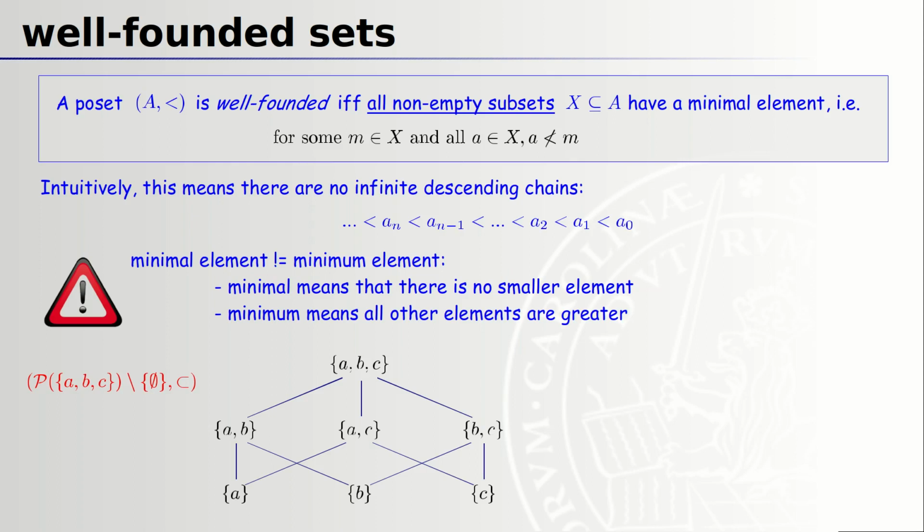Now let's look at some subsets of this set. This one, too, has no minimum, but two minimal elements. Again, the two singleton sets. The same is true for this one. It has no minimum, the singleton set containing just B isn't smaller than the set AC because it is not a subset of it, but two minimal elements, the singleton set B and the set AC.